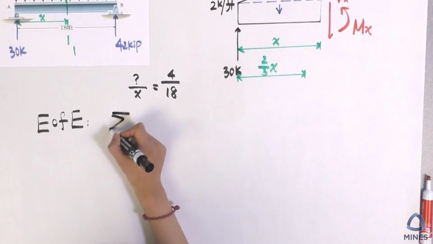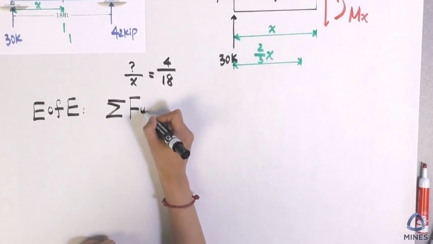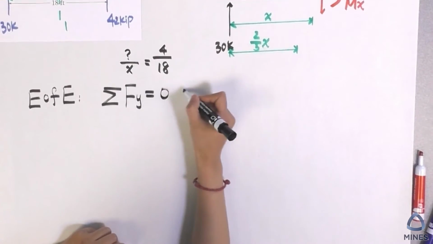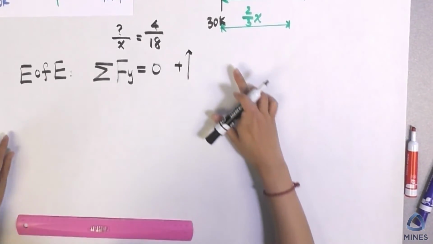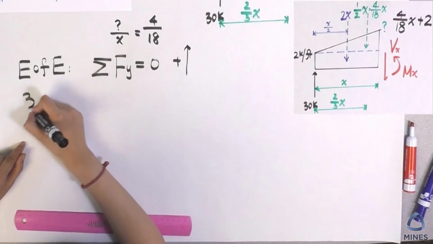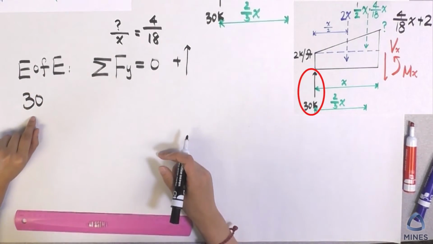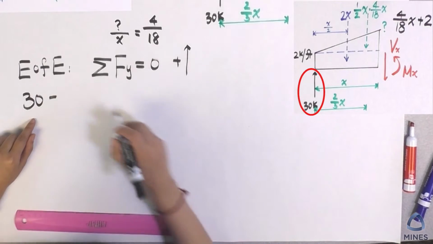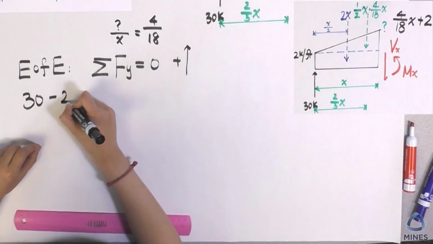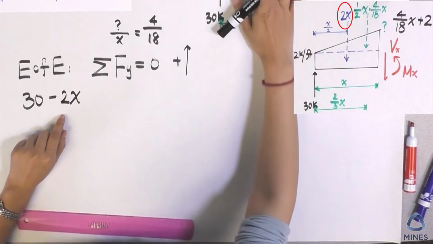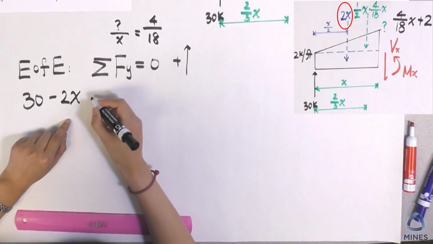Firstly, let's summarize the forces in the y direction. We have 30 going up, and then the load 2x going down, which is the rectangle load.